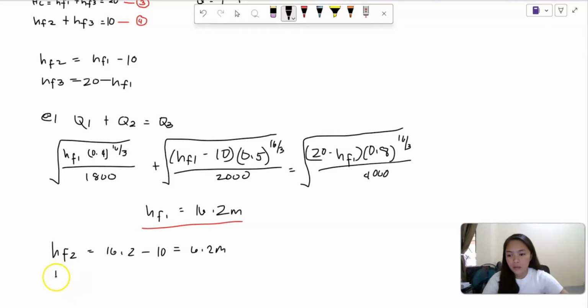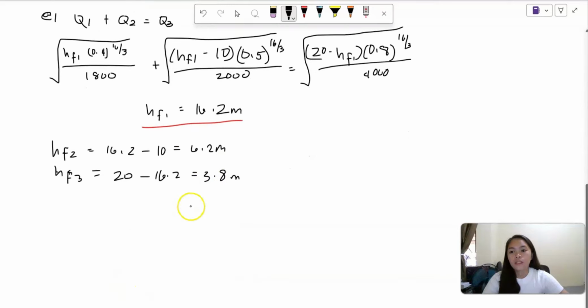And then for our HF3, 20 minus HF1, which is 16.2, we have 3.8 meters. Since we already got the values of these three head losses, then we can get their flow.